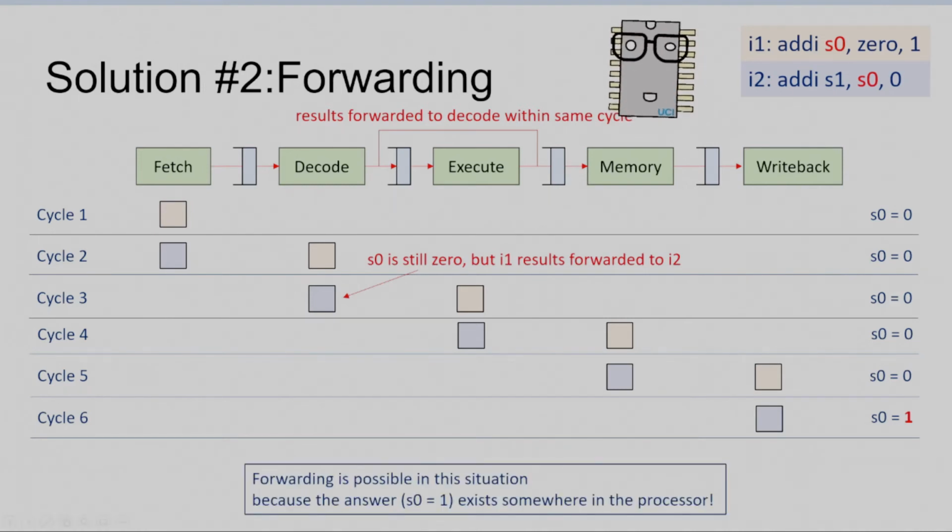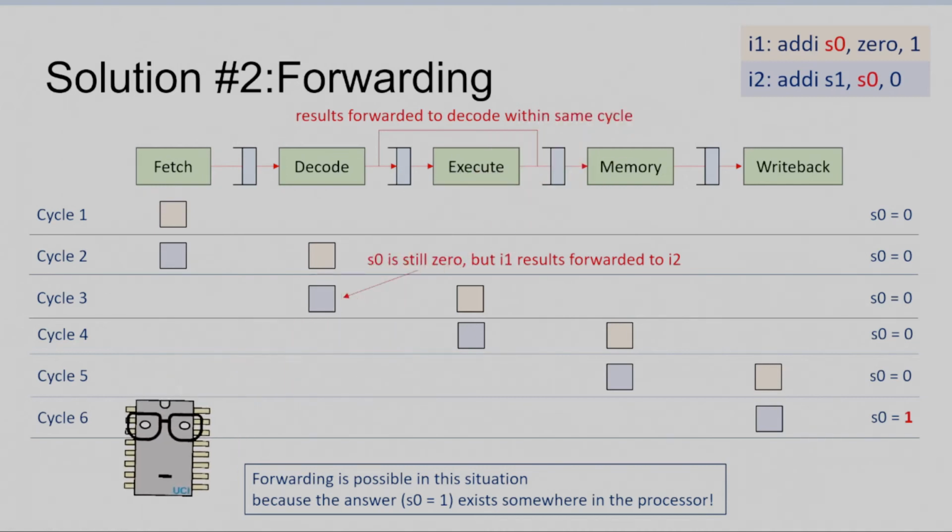And the reason forwarding is possible in this particular situation is because the answer that instruction 2 depends on, the fact that S0 equals 1, exists somewhere in the processor.